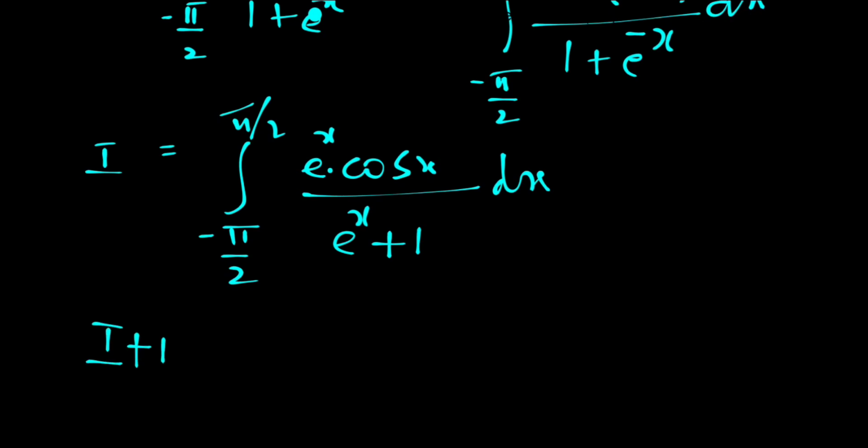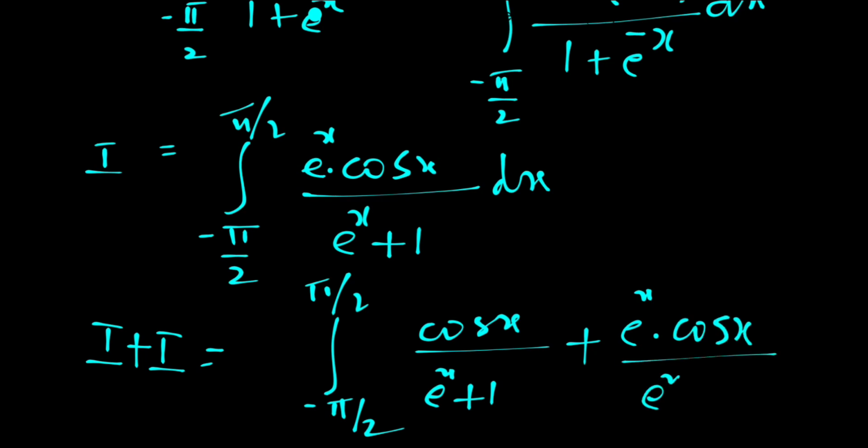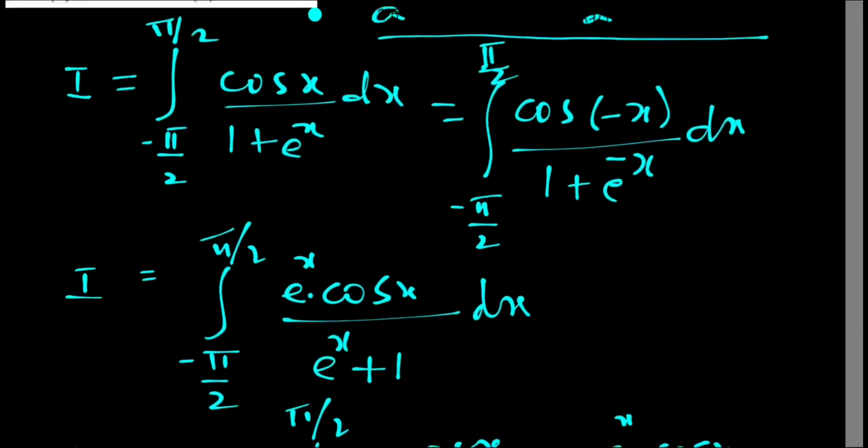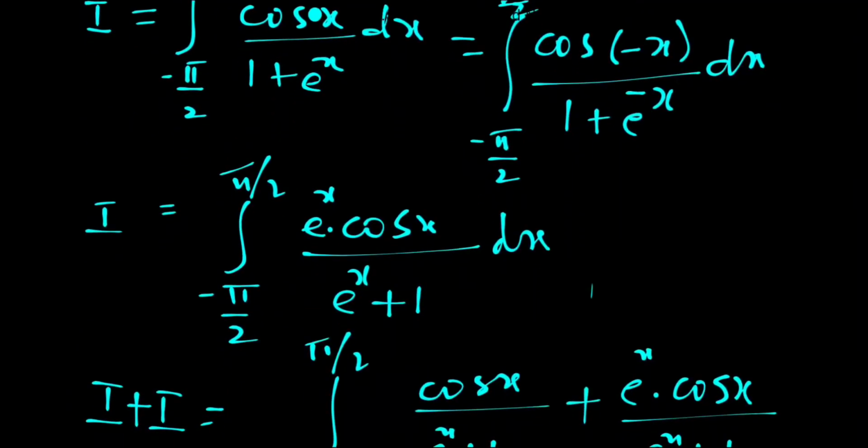I plus I is equal to integration minus pi by 2 to pi by 2 cos x by e power x plus 1 plus e power x into cos x by e power x plus 1. Just the first one and the result, adding now.